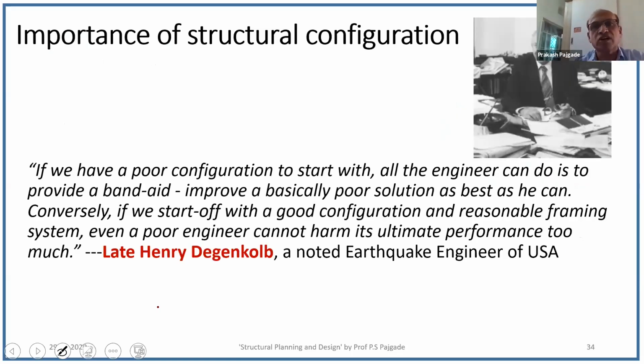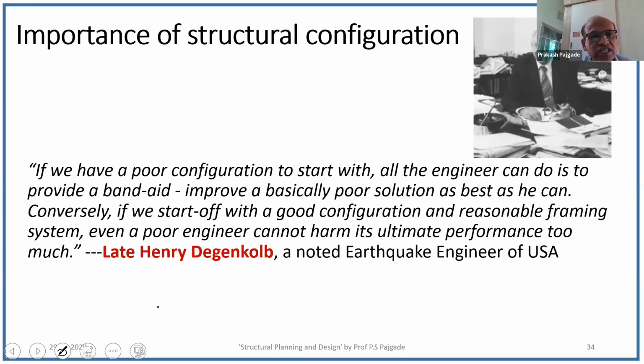Now another important point is the importance of structural configuration. If we have a poor configuration to start with, all the engineer can do is to provide a band-aid, improving a basically poor solution as best as he can.